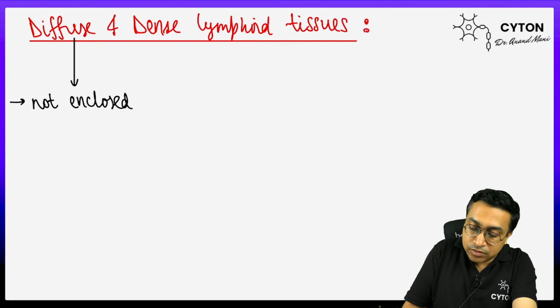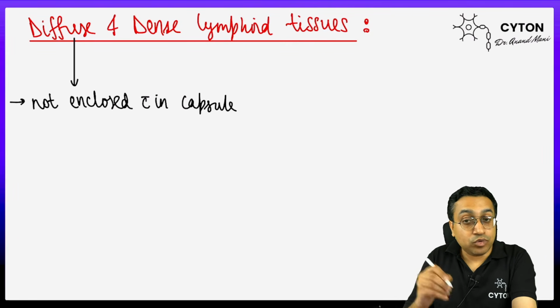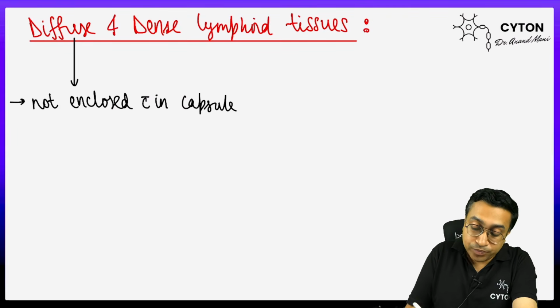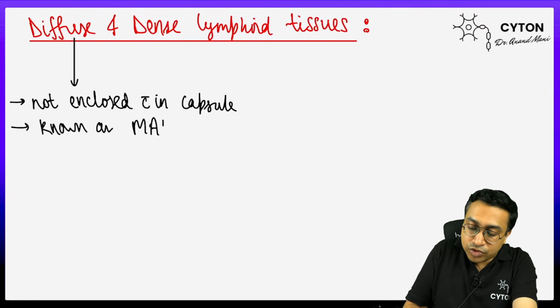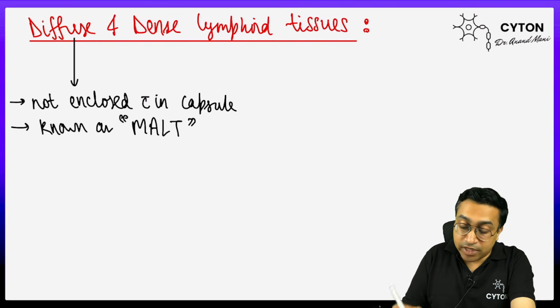So please remember, it is not enclosed within a capsule. Okay, so as this lymphoid tissue is associated with mucosa, it is known as mucosa associated lymphoid tissue, MALT. Okay, so ileum is the most common site of MALT.